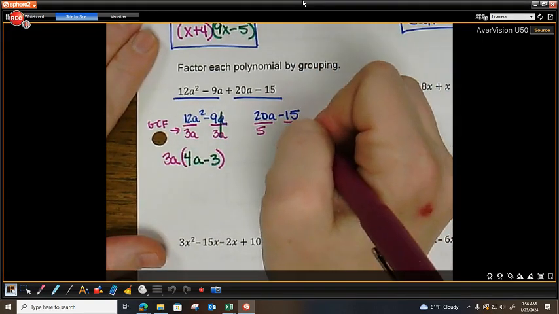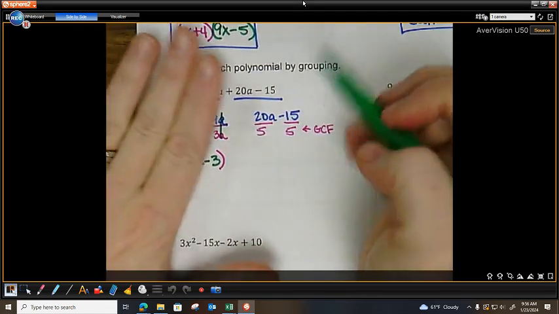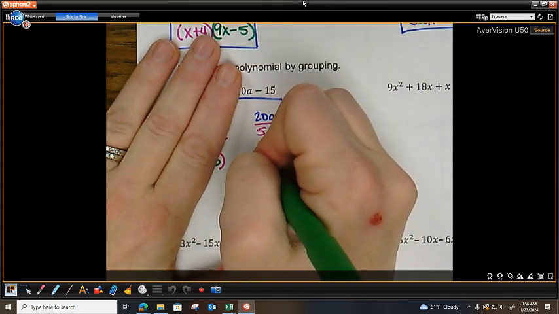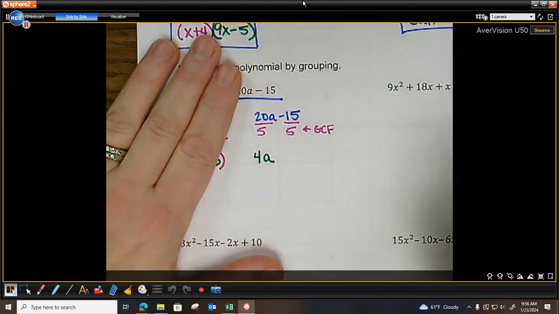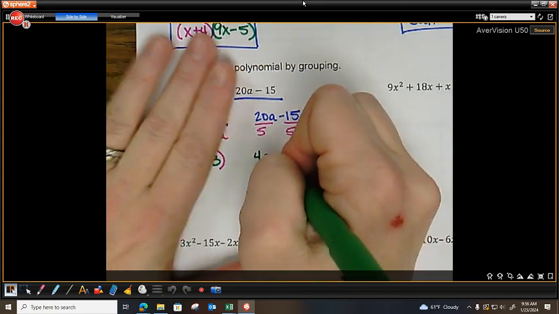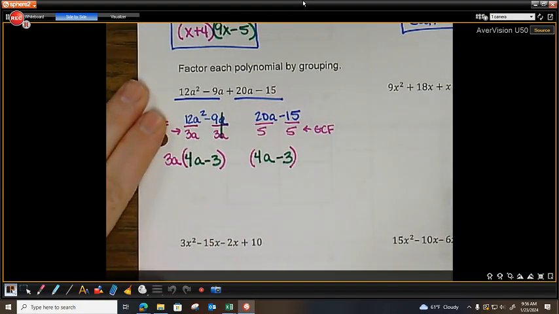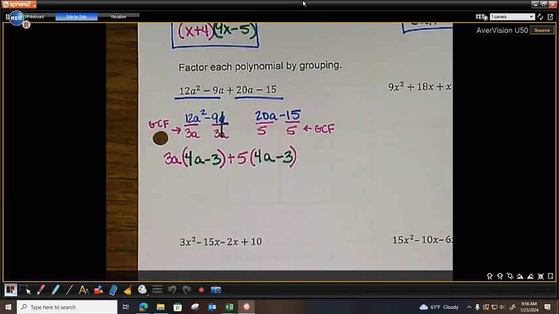No. So I'm just going to divide by 5 because that is your GCF. When I divide out a 5, what's 20a over 5? 4a. What's negative 15 divided by 5? Negative 3. Put it in parentheses, and what was my GCF? 5. What kind of 5? Positive. So I'm going to put a plus 5 to separate it from my parentheses in front of it. Huh! What do we notice now, guys?